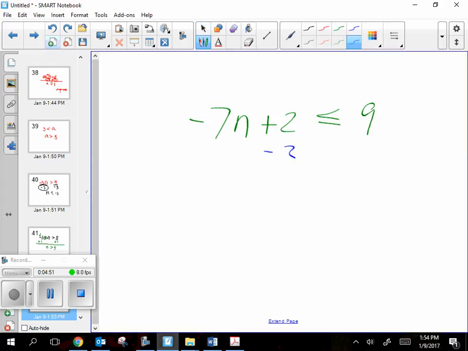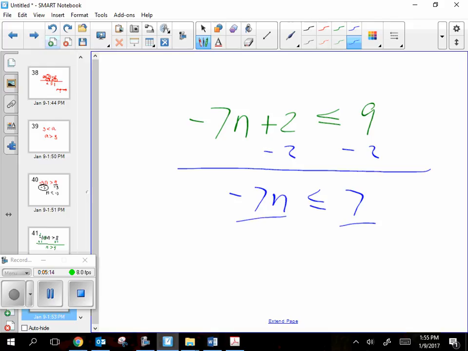All right, so I'm going to go minus 2. Minus 2, draw the line. Notice I did not multiply or divide by a negative. I subtracted 2. 9 minus 2 is 7. I did not multiply by negative, so I do not switch the sign yet. But on that last step, I am going to divide both sides by what?